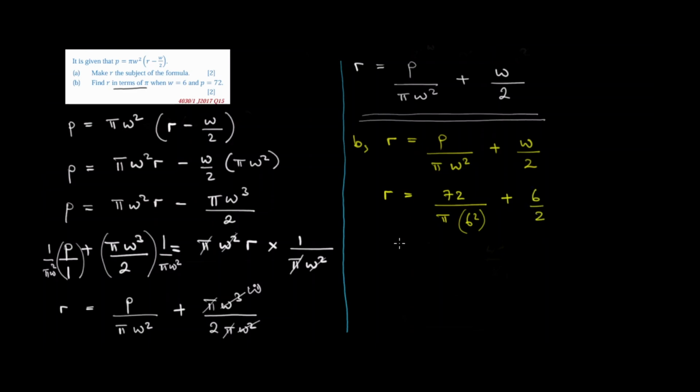This means r in terms of pi is r equal to 72 over 36, since 6 squared is 36. Here 36 pi plus 2 into 2, 1 into 6 is 3. This means r is equal to 36 into 36 is 1, 36 into 72 is 2, because 36 times 2 gives 72.